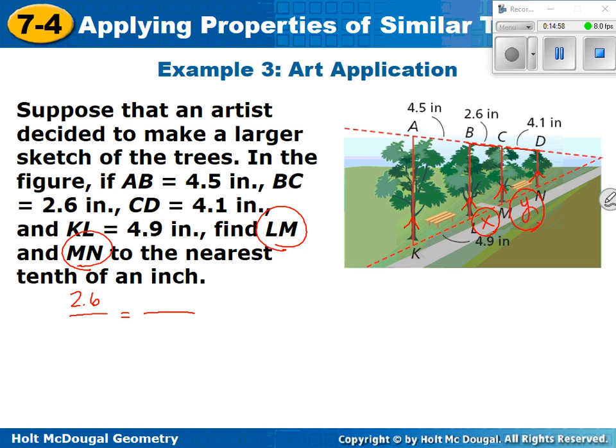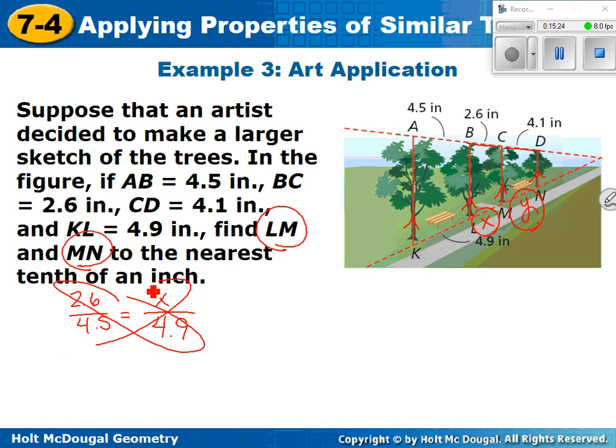Let's just find x first. So 2.6 over 4.5, so I'm going to go from here to here, is equal to what? X over 4.9. Okay, so part over part of one transversal should equal part over part of the other transversal.